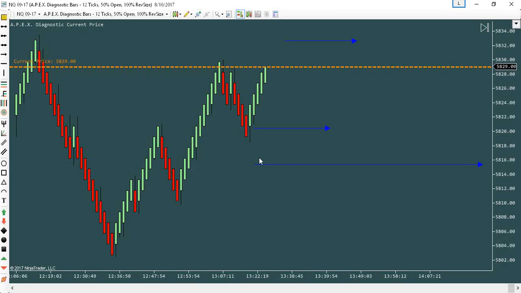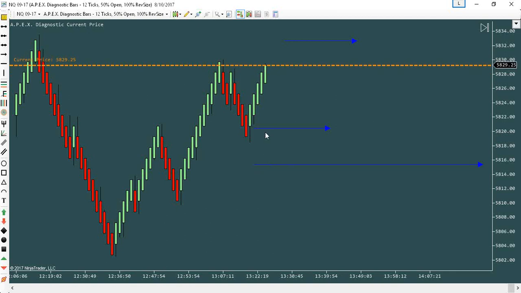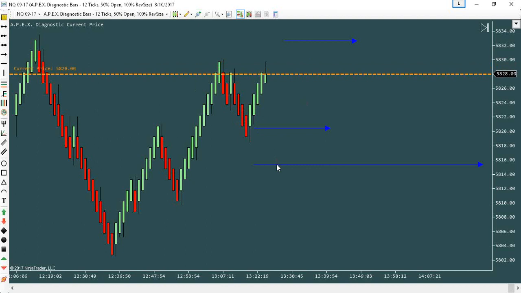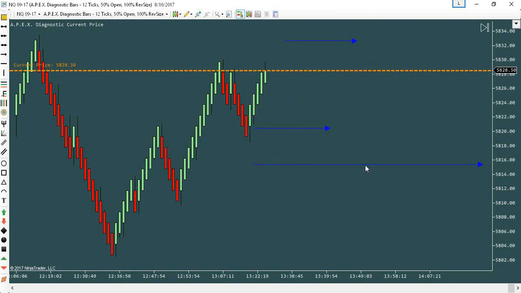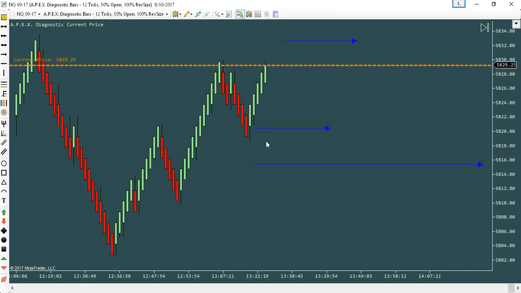So if I bought it here and it goes in my favor or stays in my favor, I make $25. But what if I'm wrong and the market comes down and comes down and comes down and it hits my strike? What is my binary going to be worth if the market comes down and hits my strike?